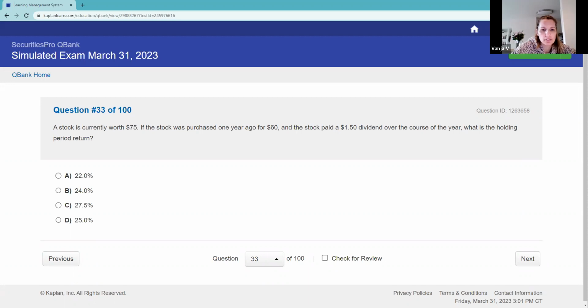So current stock 75, 1 year ago 60, and the stock dividend is paid. I think we actually do subtract the dividend. Okay, so let me see. Over the course of the year, the $1.50 is the annual amount, not quarterly, so I'm not actually multiplying it by anything else.